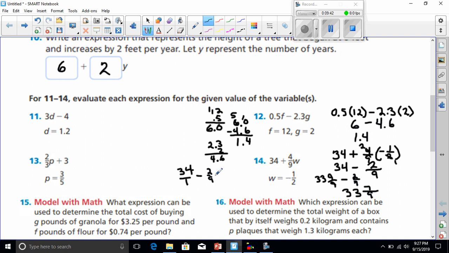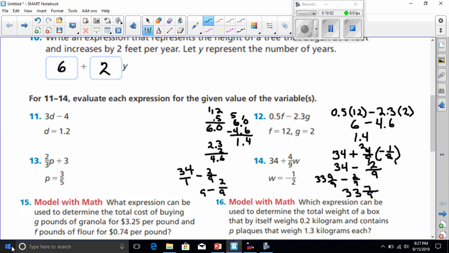Well, then we'd have to turn this into 9, which means we'd be multiplying this by 9 and this by 9, right?